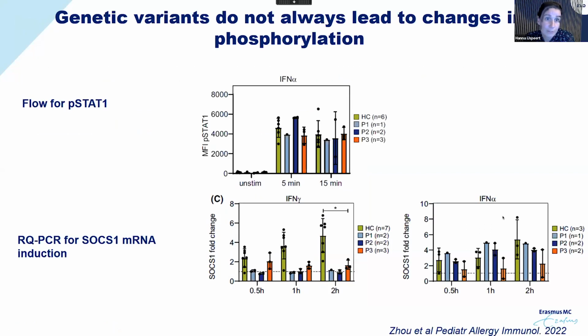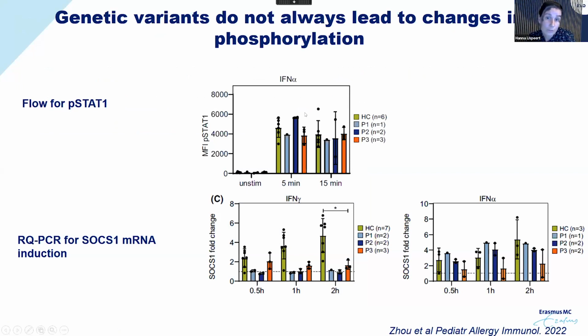I think there are also quite some challenges because phosphoflow is just one of the puzzle pieces which make the complete puzzle for the final diagnosis of a patient with IEI, because not all genetic variants lead to changes in phosphorylation. I showed you the example of the 3 patients with disseminated mycobacterial infections. And the difference in phospho-STAT1 for the patient with the STAT1 variant was not so strong.